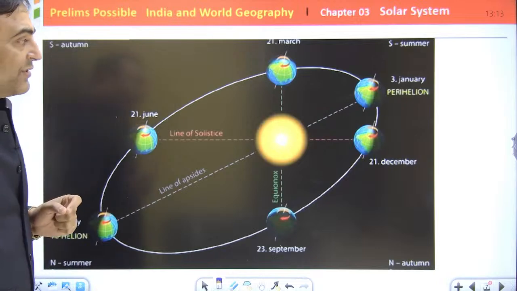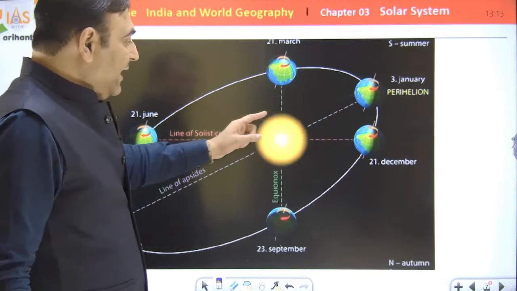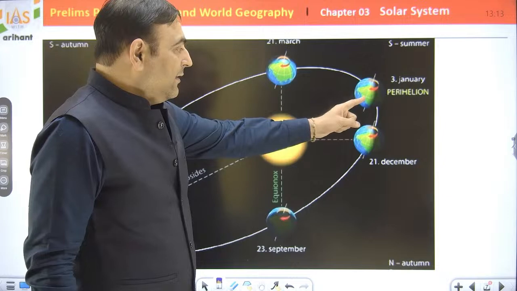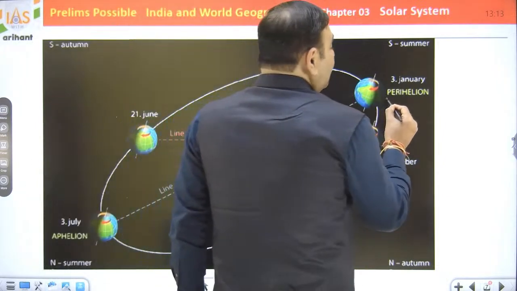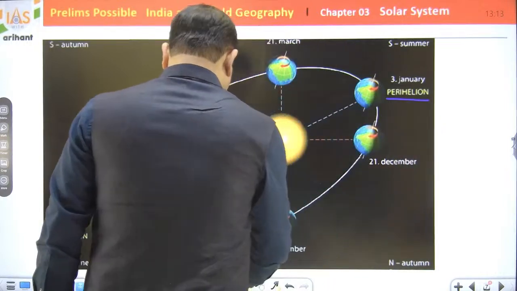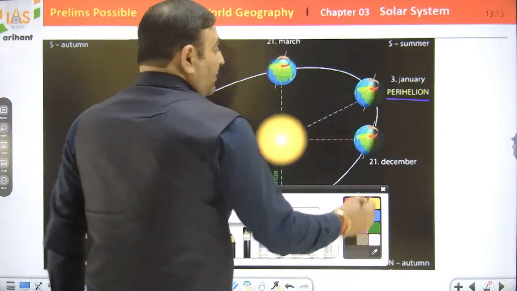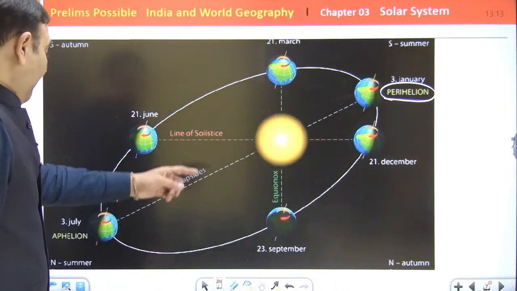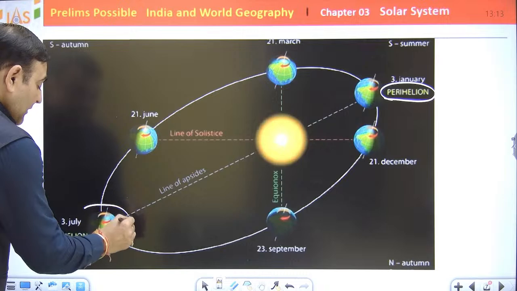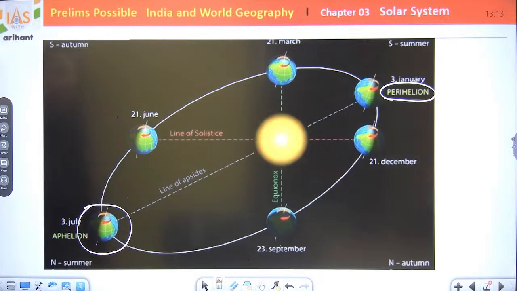So, what we have seen is that the distance between the sun and the earth, when nearest, is known as perihelion. And when it is at the farthest point, it is aphelion.